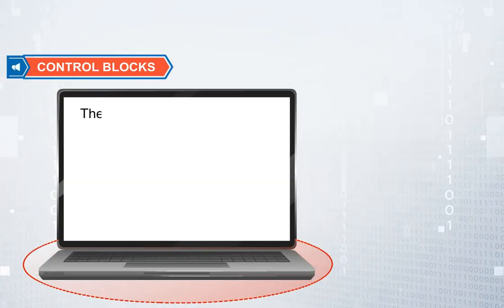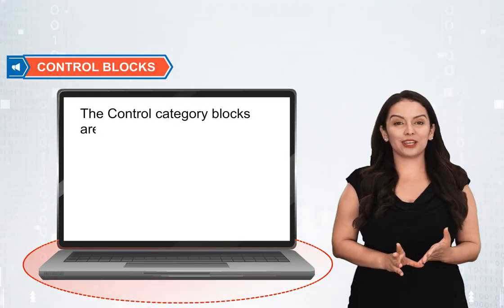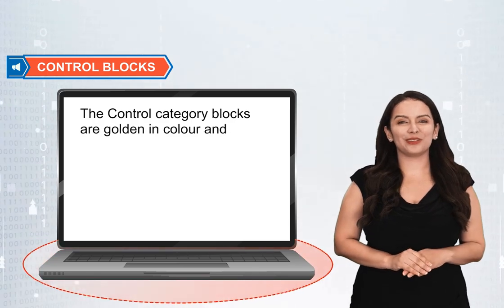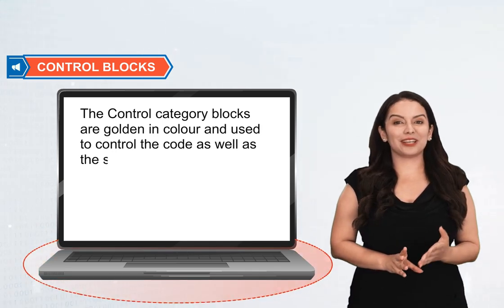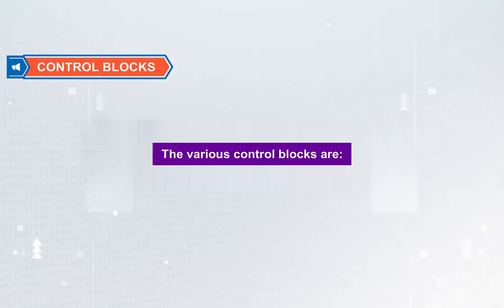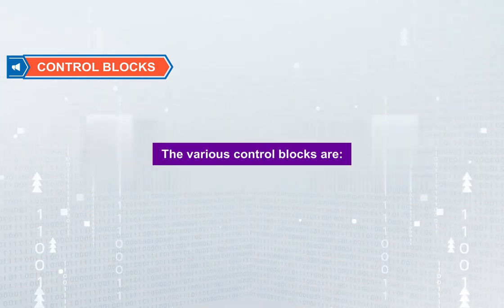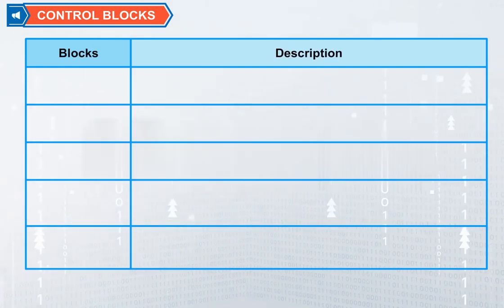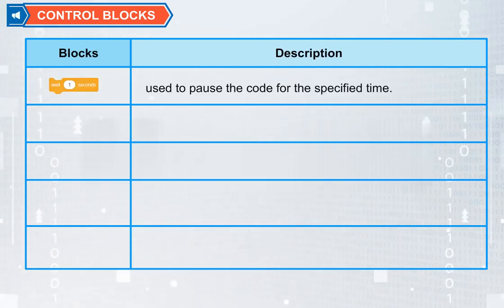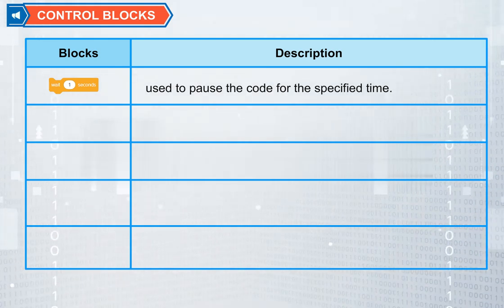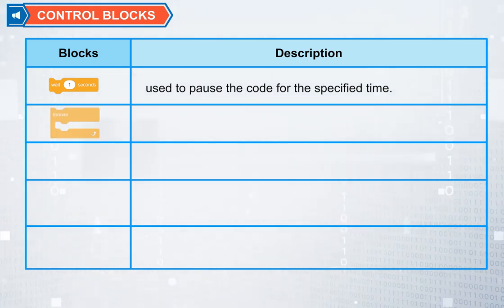Control blocks. The control category blocks are golden in color and used to control the code as well as the sprite's action. The various control blocks are: Wait 1 seconds. Used to pause the code for the specified time.